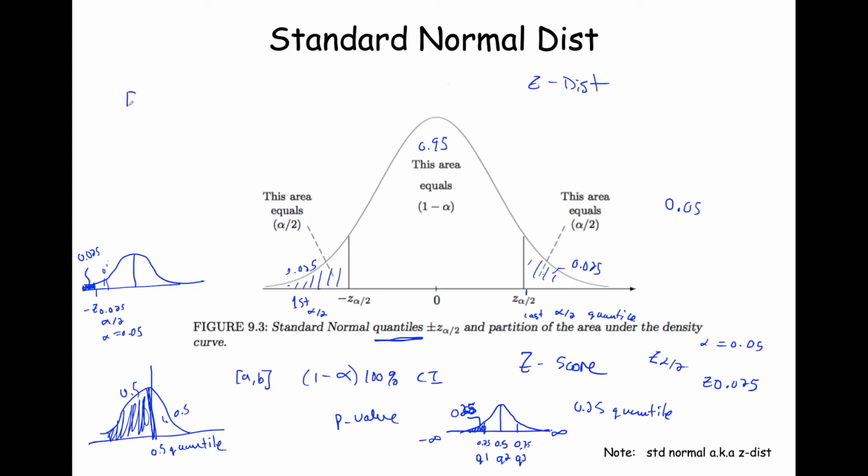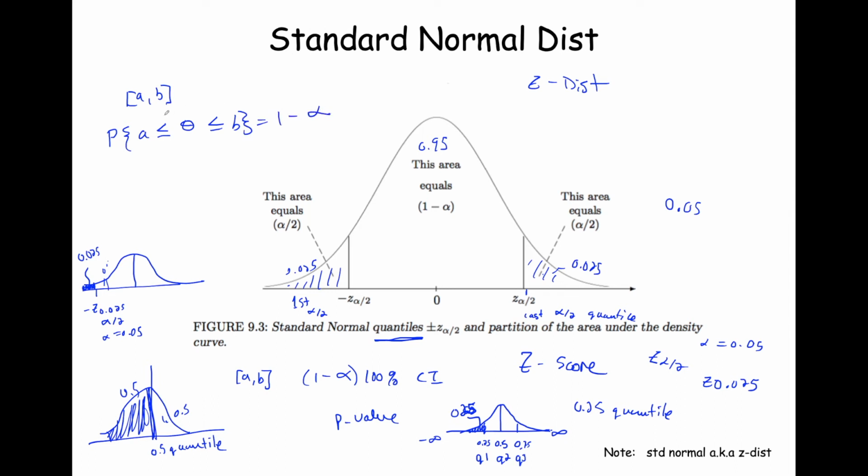We said if we have a confidence interval A, B, it's that region where 95% of the time the parameter is going to be covered by that region. We also said, alternatively, that the probability of theta being covered between A and B is equal to 1 minus alpha.